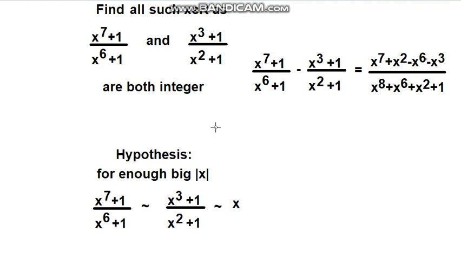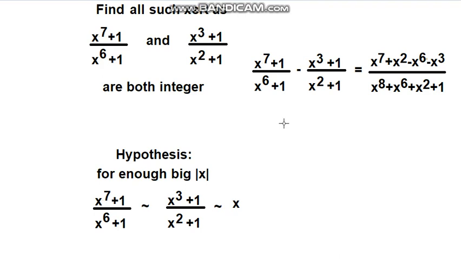Okay, and what can we get from it? If both of them are integer, then their difference is integer too: 1, 0, minus 1, 2, minus 2, and so on. So, what if this difference is between minus 1 and 1 for some x value?